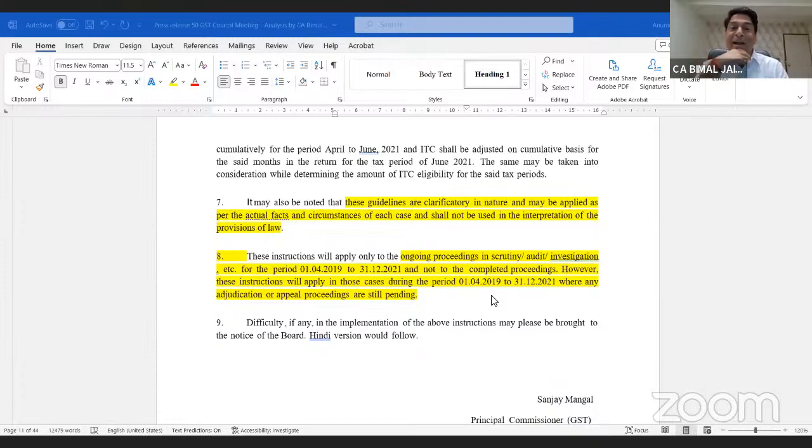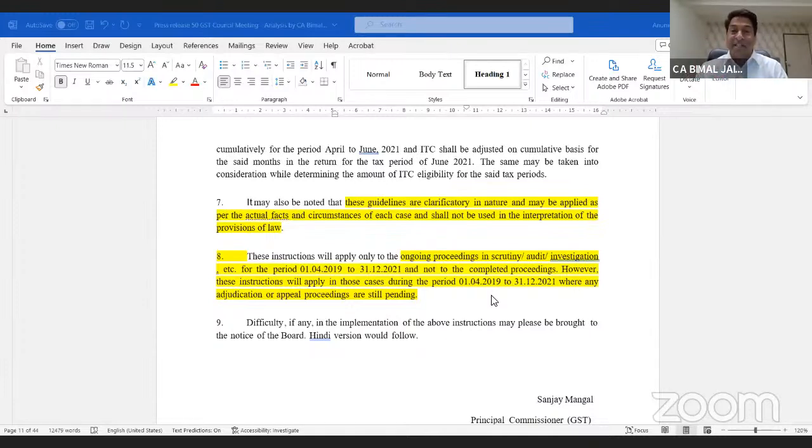Then you would be thinking, how is this circular going to benefit you? I'm only saying that in case it is helping you in any manner whatsoever, you can avail this benefit. You can avail the advantage. But legally, on interpretation, I made other videos which you can watch, that my credit is not dependent on 2A. It is on 2B from 1st January 2022.